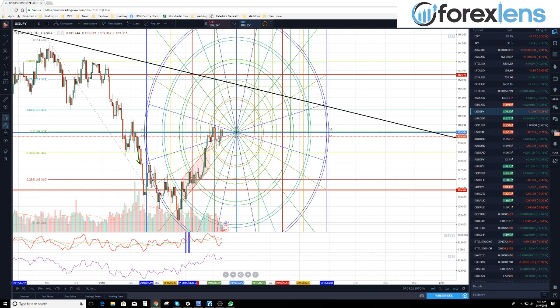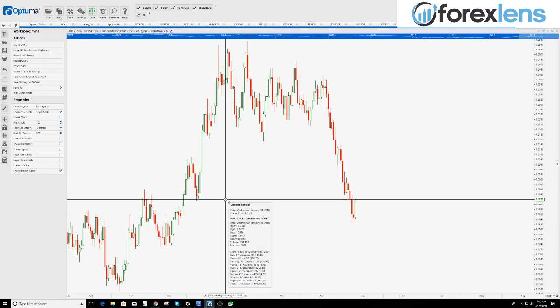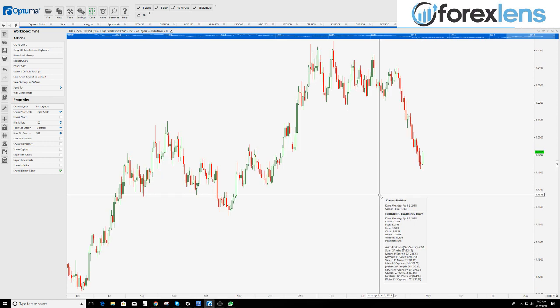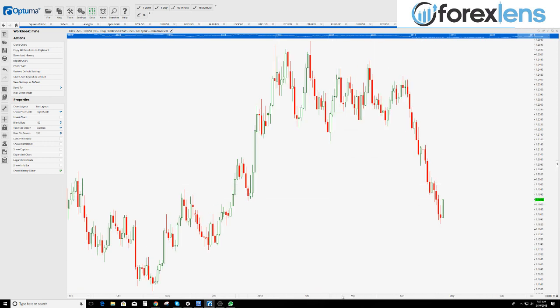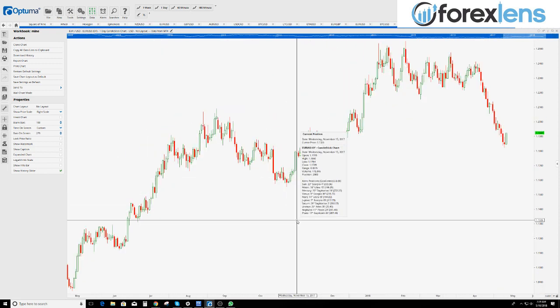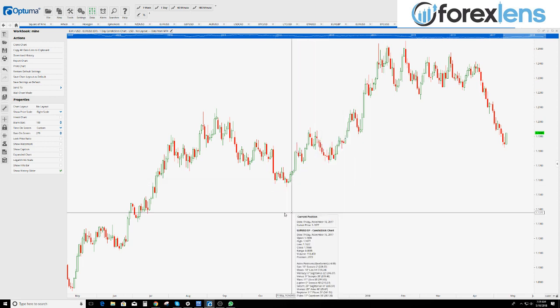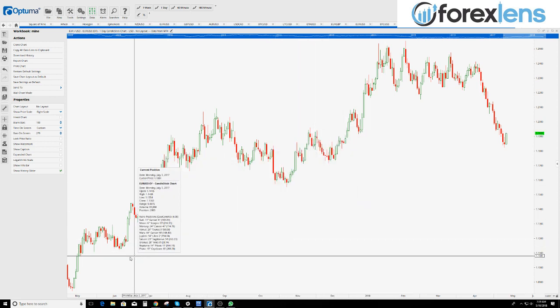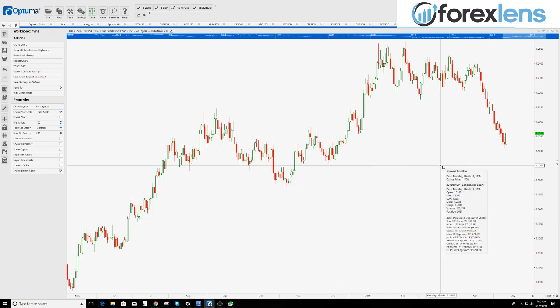Now, zooming back over to here, we're looking at the euro dollar, and what we're looking for is a natural level of support and resistance that is not based on market geometry alone.